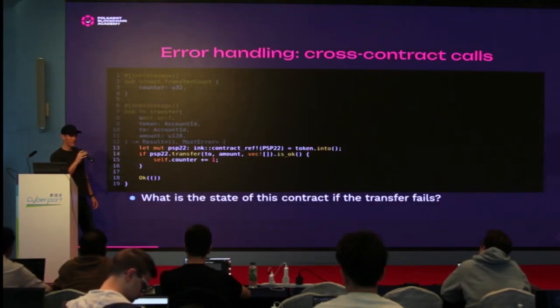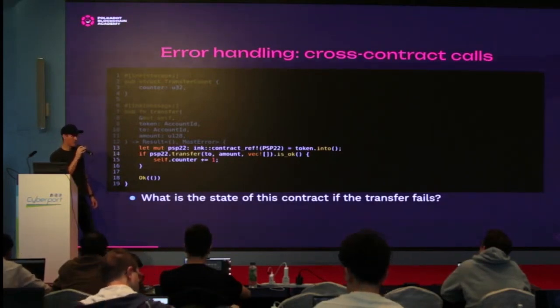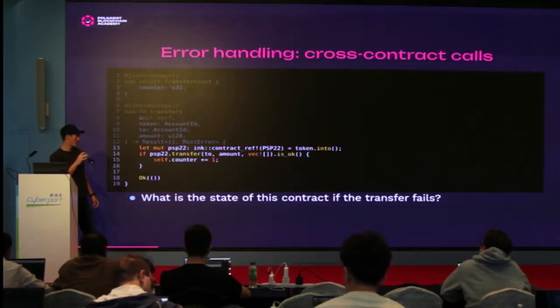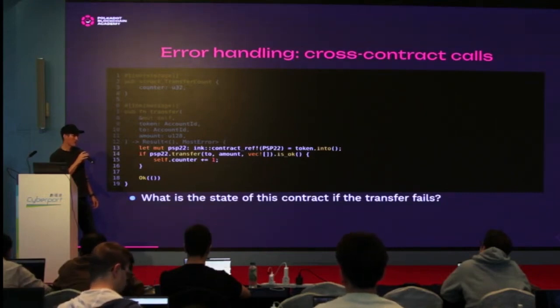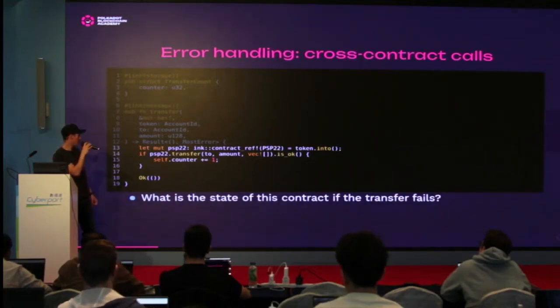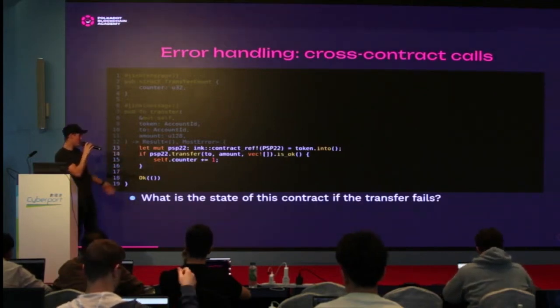So we're saying if the transfer failed, because we're saying if it's okay, then increment the counter. If it's not okay, then return okay. So there won't be a mutation here, but it will return okay. Yeah, that's correct. We handled it, but we didn't unwind the stack, so it's basically a no-op in that case if that failed.